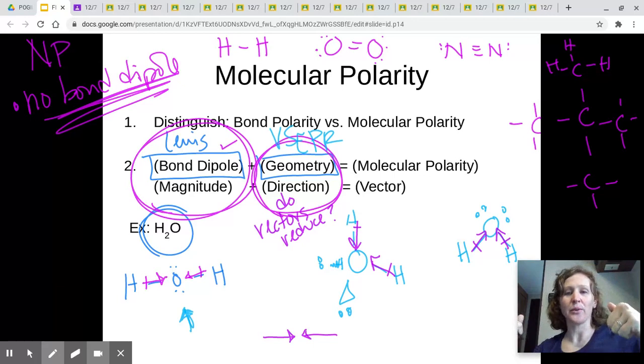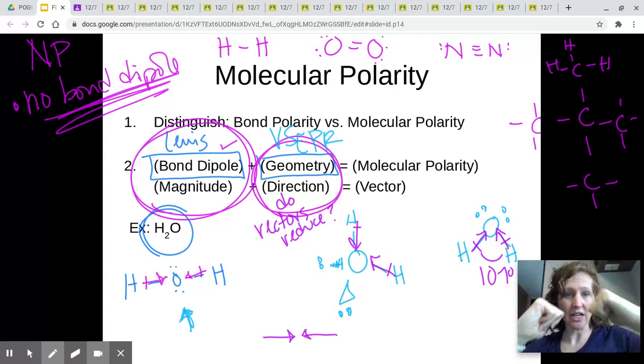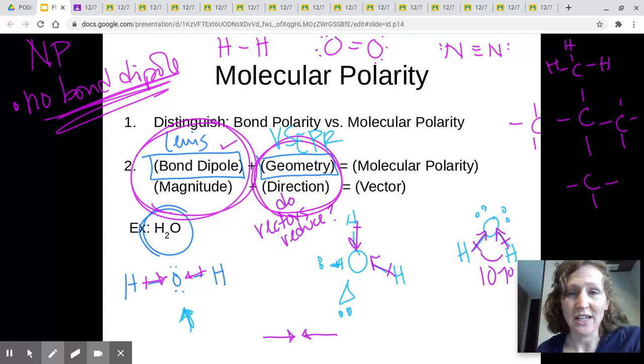If we were to tie a rope to the oxygen from either direction, or like you have two football teams, and they're pushing at this angle of slightly smaller than 109.5, right? They're pushing at that angle with equal force. Is that center going to move? Yeah, it is. That center is going to move a little bit. And so you have these two vectors that don't cancel each other out. You can think about it like that.